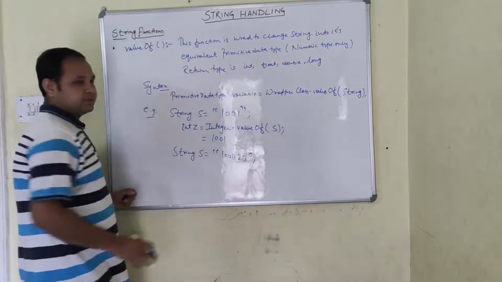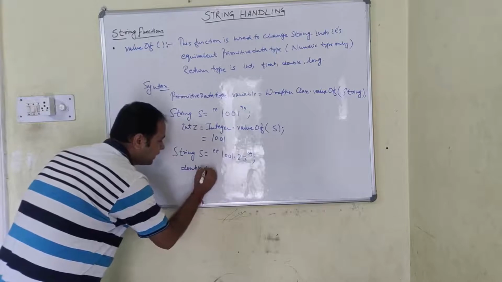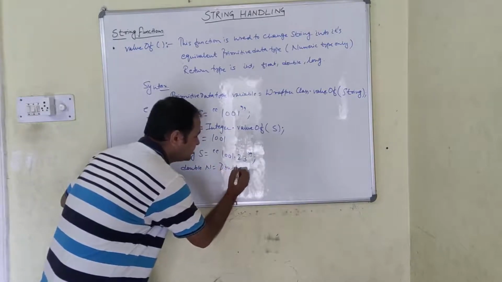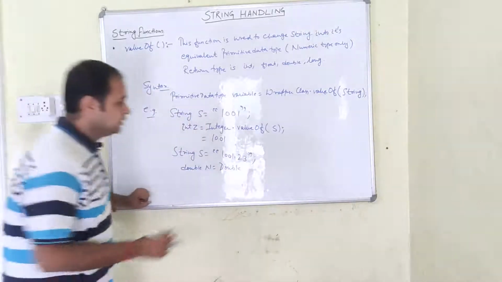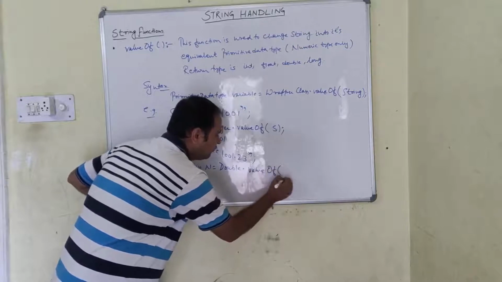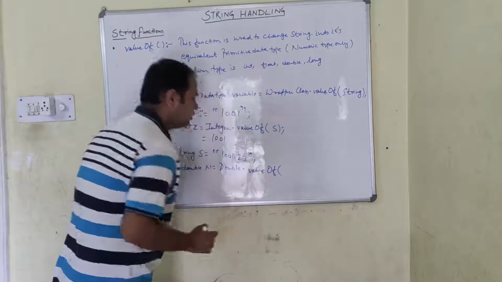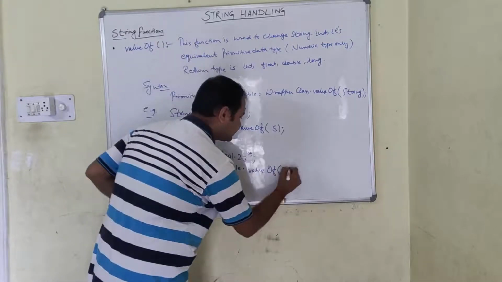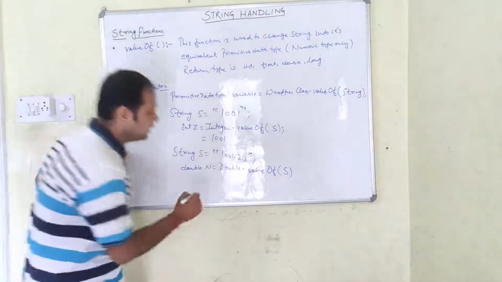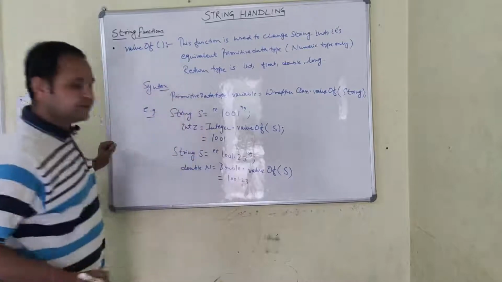Now this can be represented as a double type, so I can write double n equals to Double, the wrapper class of the data type double, dot valueOf. valueOf is a single word, no space in between, with a small v, and here I write s. Now as you can see this is in double quotes, this double quote will be removed and this will be 1001.23 as a decimal number.